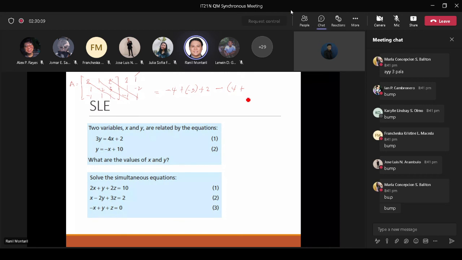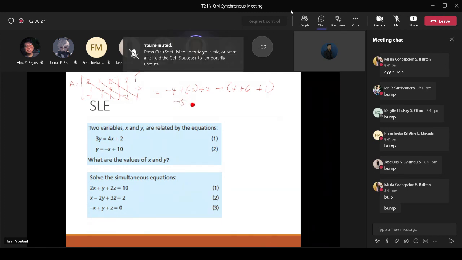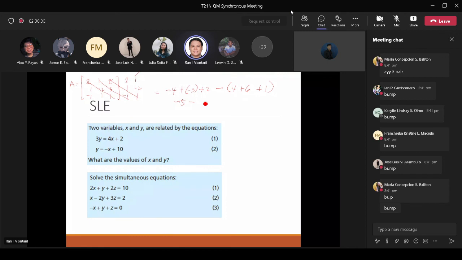Next is 1, 1, 1, plus 1. So what's the answer? This will give us negative 7, right? Negative 7 plus 5. 2, negative 5 minus 11. So negative 16. Right?